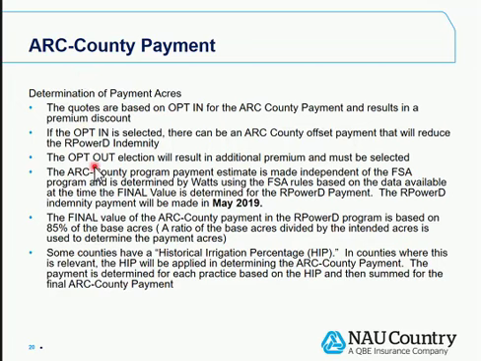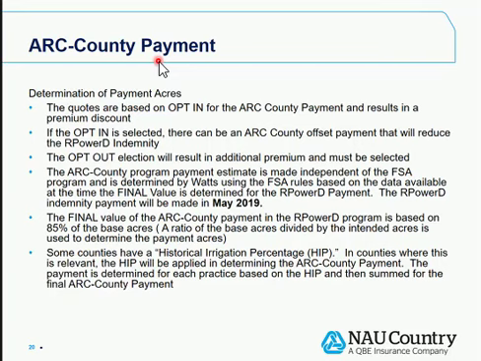What this does is, if there's a projected ARC County payment, based on the timelines which I'll get to in a second, that payment will also be a value that reduces your RPowerD payment.